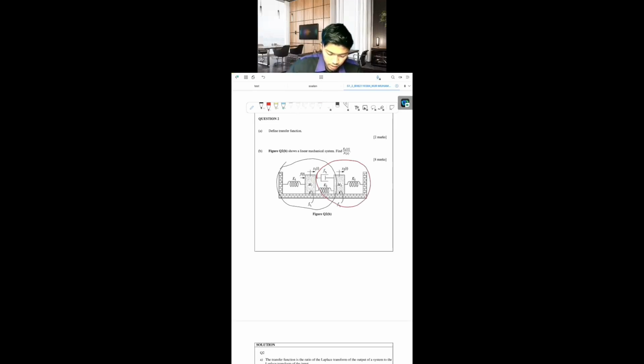Yang tengahnya ada sambungan connection for damper and spring for both. So untuk M1 kita tahu damper di tengah tu akan tolak X1 tolak X2, and spring K2 ni akan tolak X1 tolak X2. Okay.